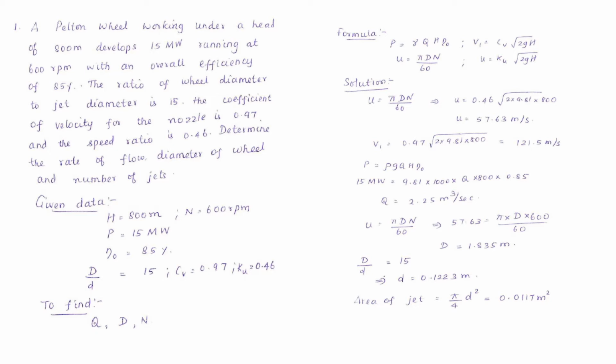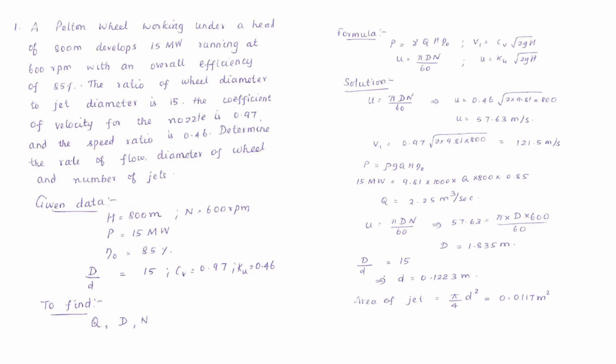So U is equal to KU into root of 2gH. And then next one is we have to find the number of jets. If we know the discharge and area of one jet, you can find out the number of jets used for the turbine.